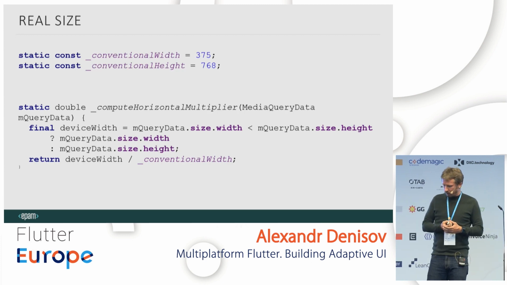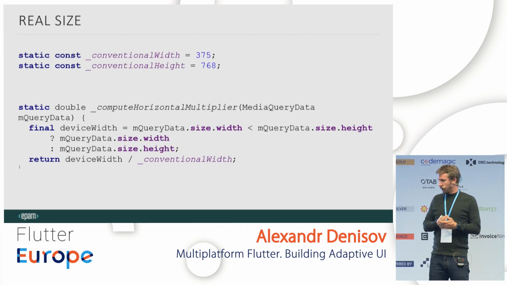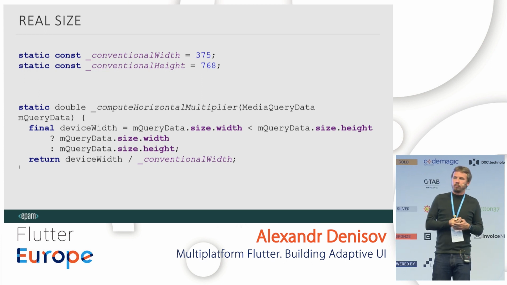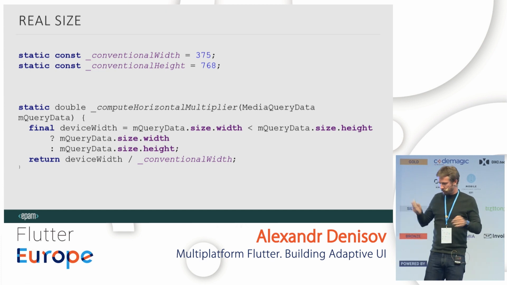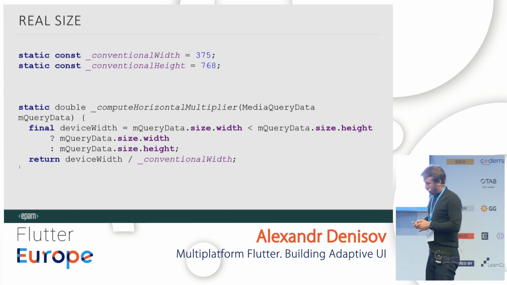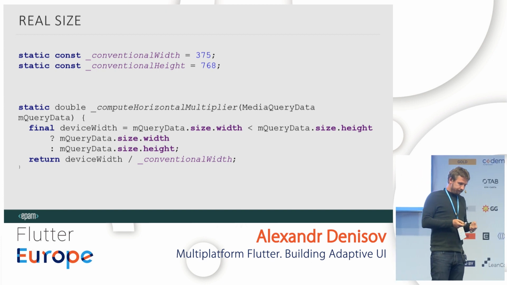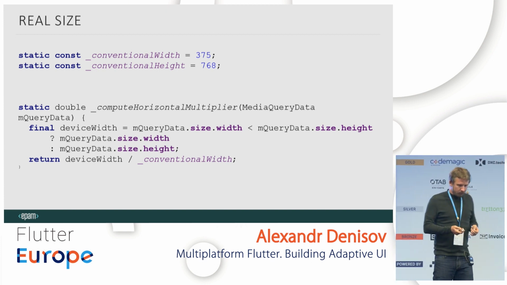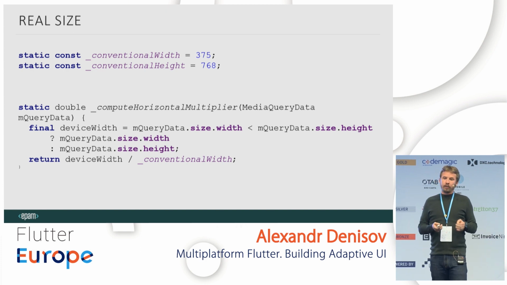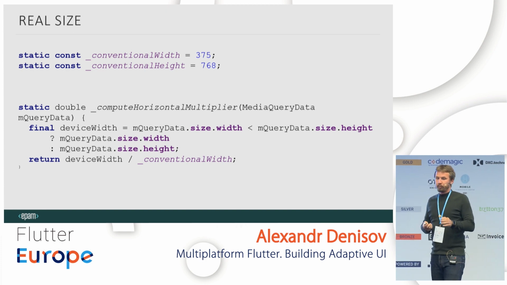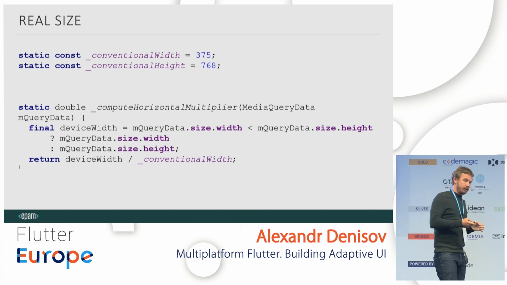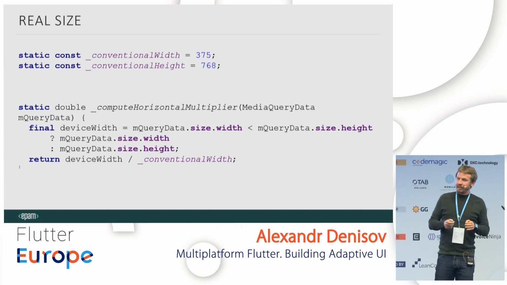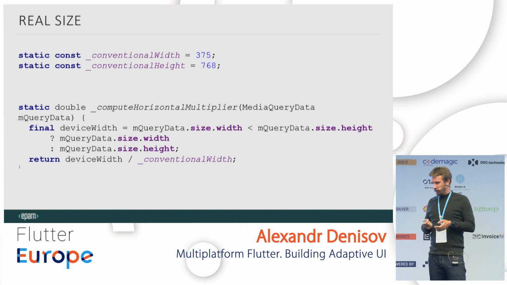For example, the design is implemented for a special kind of device, the size of which we know. For example, iPhone X. We can get the real screen size of it using MediaQuery, and therefore we can calculate a multiplier with which we can calculate the size of any UI elements.